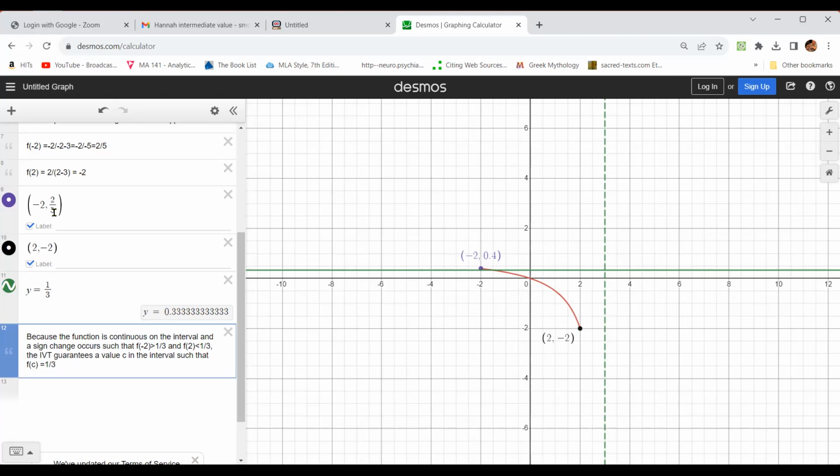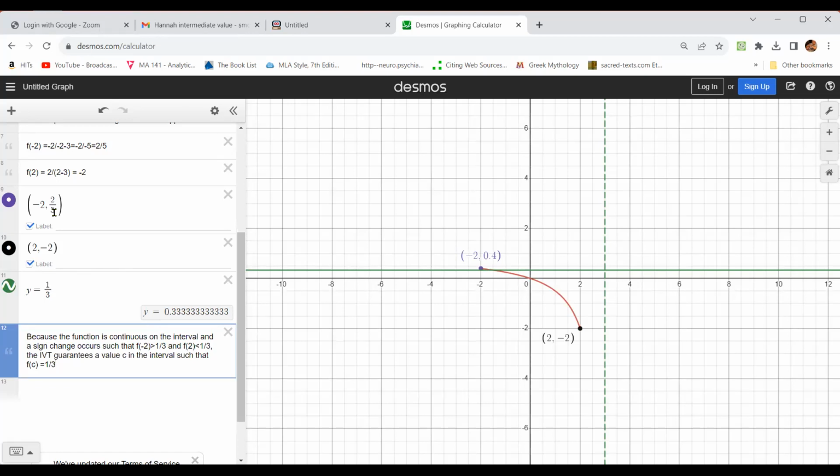Now, granted, that's a bit of overkill. It is. But we've proven that the IVT applies. Now we actually get to apply it. We haven't done it yet. We actually get to apply the IVT now.